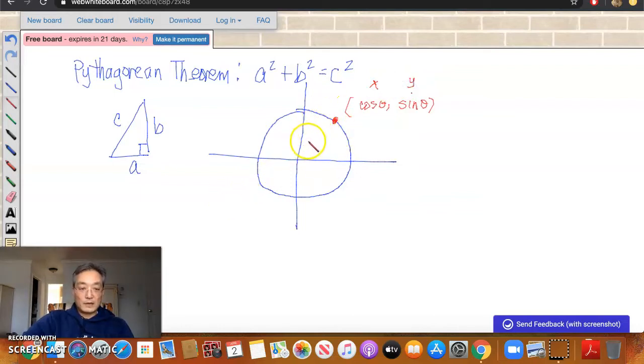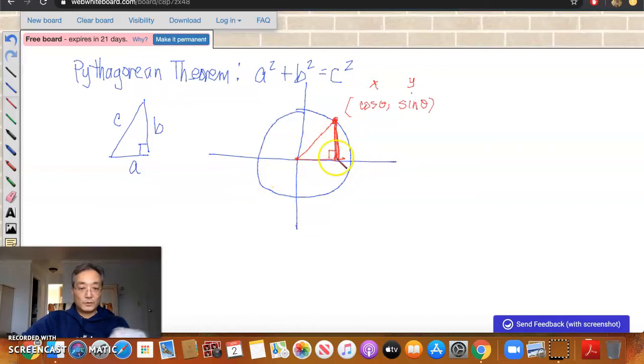So now if I draw that same triangle, here's my hypotenuse, and I drop a perpendicular to the x-axis. It's supposed to be a perpendicular, by the way. So that is a right angle, and I get myself a right triangle.